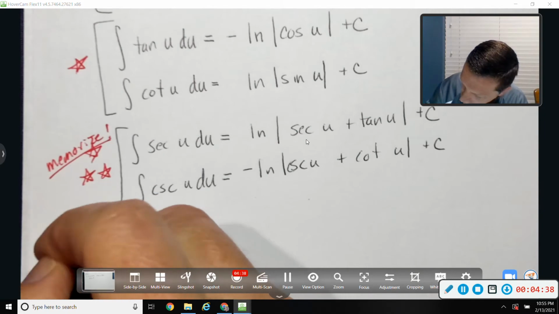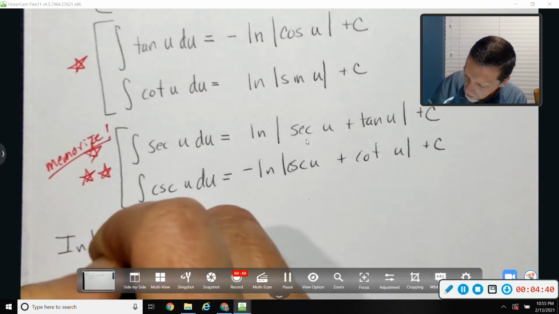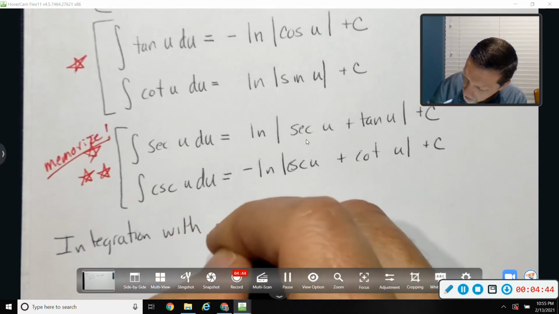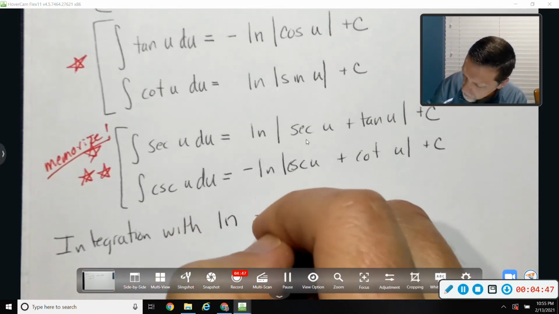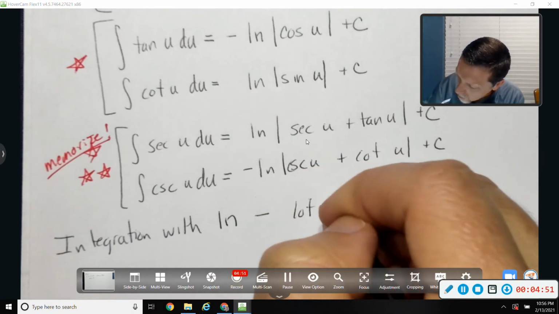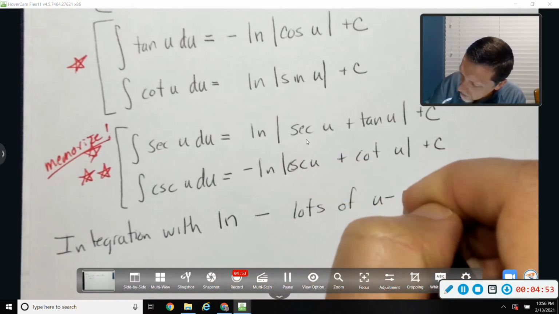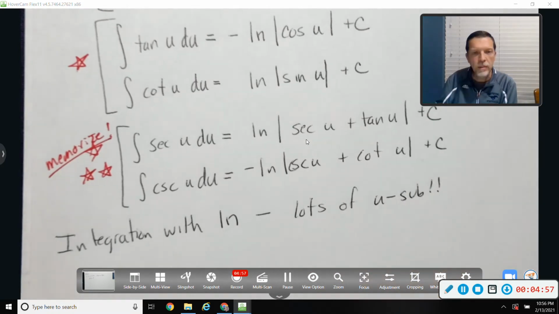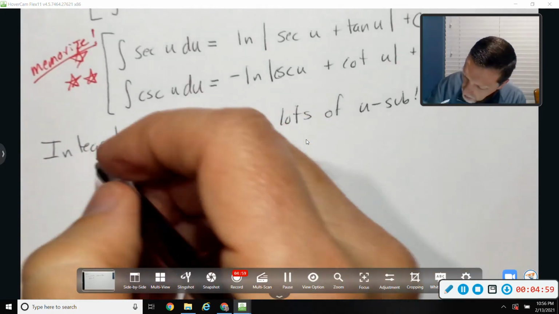Now let's talk about the rule for natural log. Integration with natural log. Lots of u substitution in this section. I'll show you what I mean in a minute.